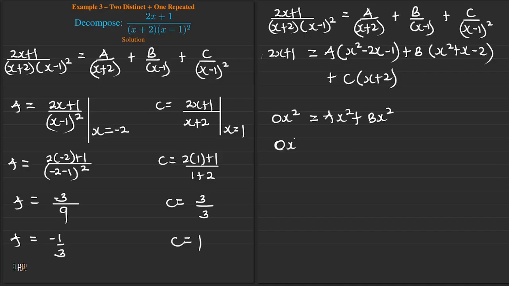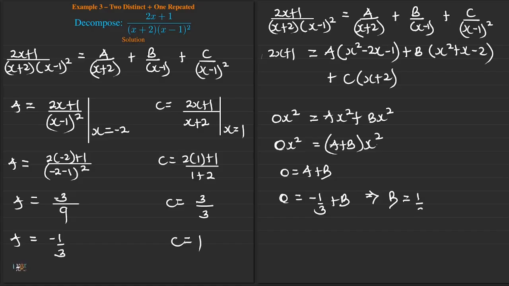Simplifying, we have 0x squared equal to a plus b with our x squared, which implies 0 is equal to a plus b. You already know the value of a, so substituting it, we simply say 0 equals negative 1 over 3 plus b. And making b the subject, it simply implies that our b is equal to 1 over 3.